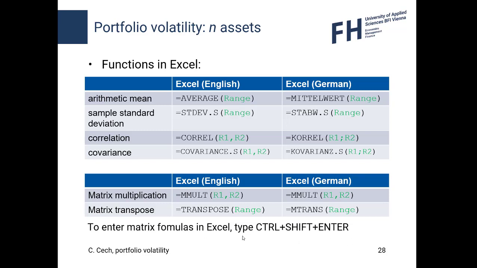And now here there's one important notice. If you want to enter matrix formulas in Excel, then it's not enough to simply hit the enter key, but you must hold the control key and the shift key and then press enter.